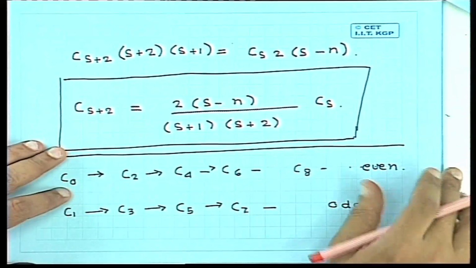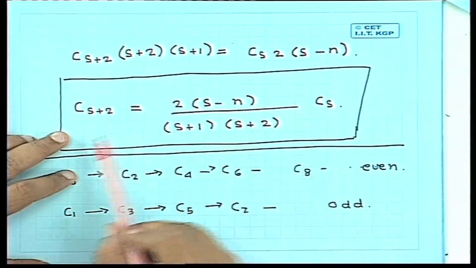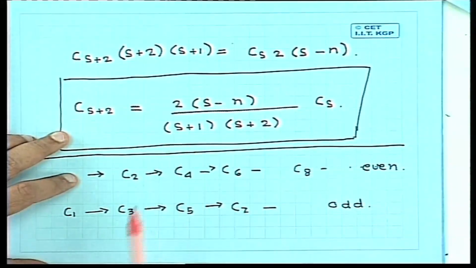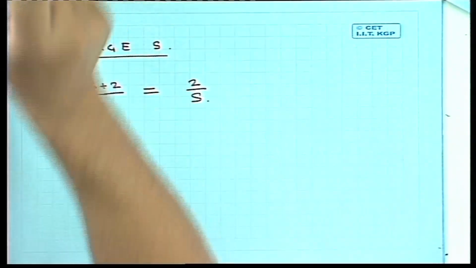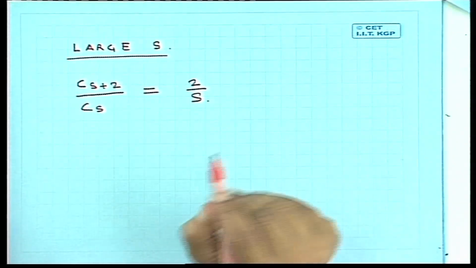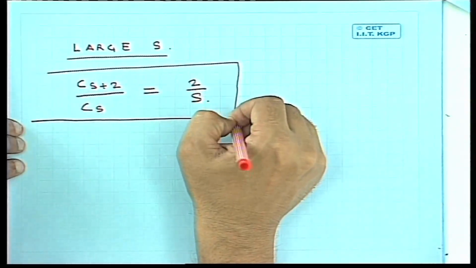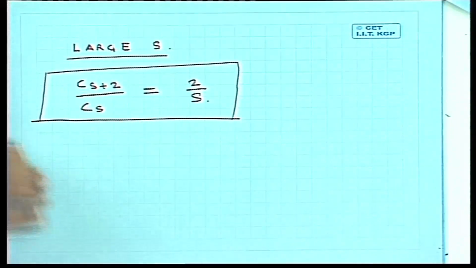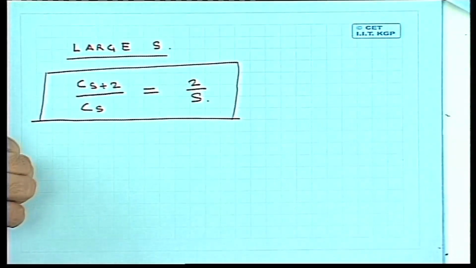Let me show you the relation once again so that you are convinced. For large s, C(s+2) by Cs is equal to 2 by s. The s here and the s here cancel out. So now we have obtained this relation between the coefficients at large s, which is also the relation between the a's, a(s+2) and as.